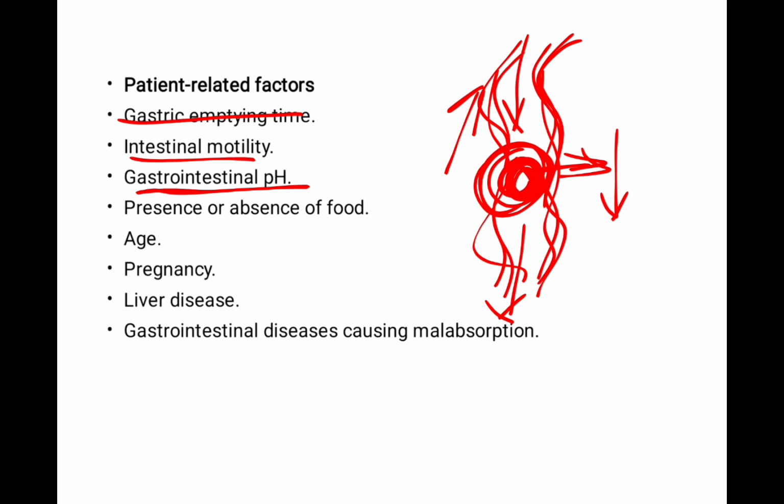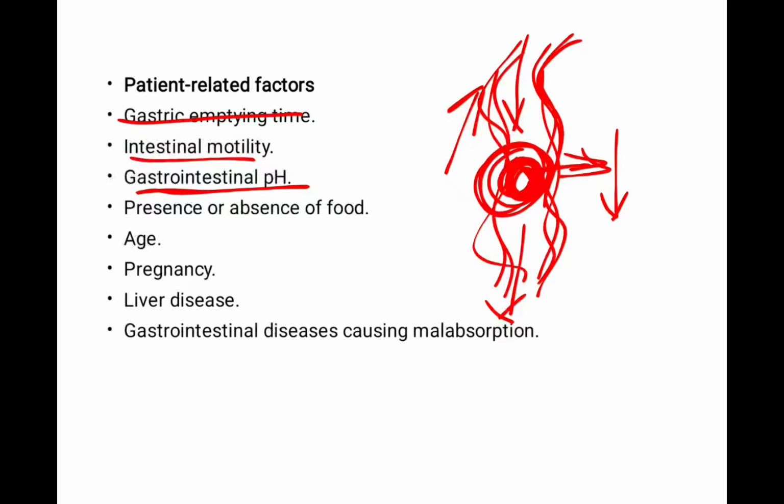Now, the pH of the gastrointestinal tract determines the rate of absorption of a drug. An acidic drug is going to be better absorbed in a region with a low pH, like the stomach. An alkaline drug is going to be absorbed in a higher pH, like the intestine.